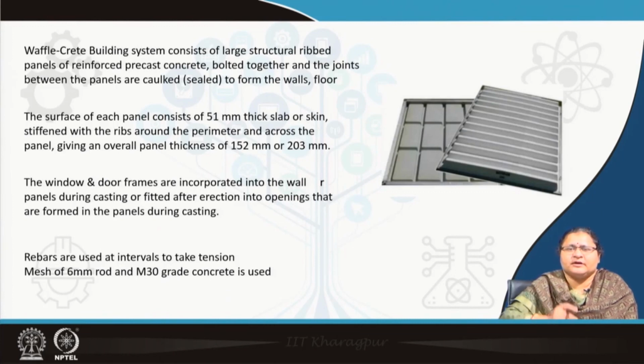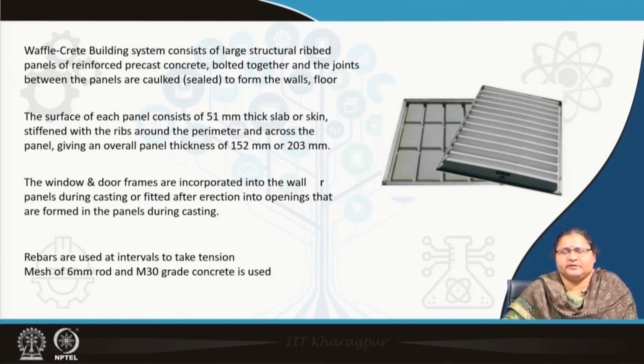If you remember GFRG, glass fiber reinforced gypsum, there glass fiber in gypsum was used to make it strong in tension and walls were made out of it. It was a hollow unit, and in each hollow we could strengthen by pouring concrete to receive the sanitary fixtures, whatever.